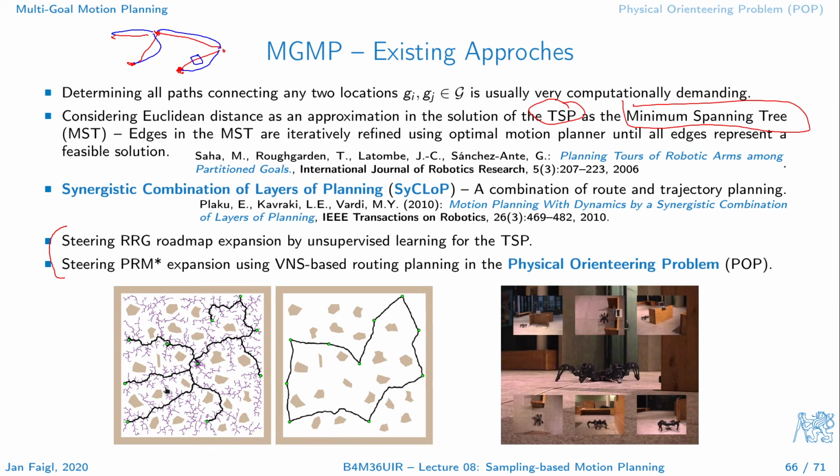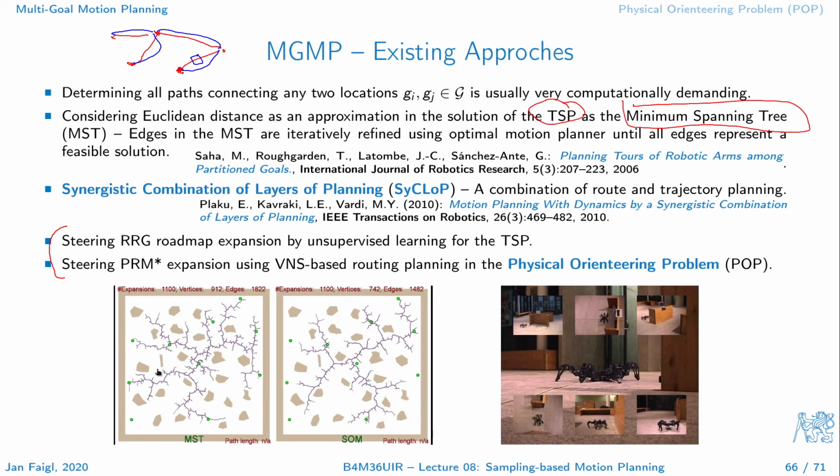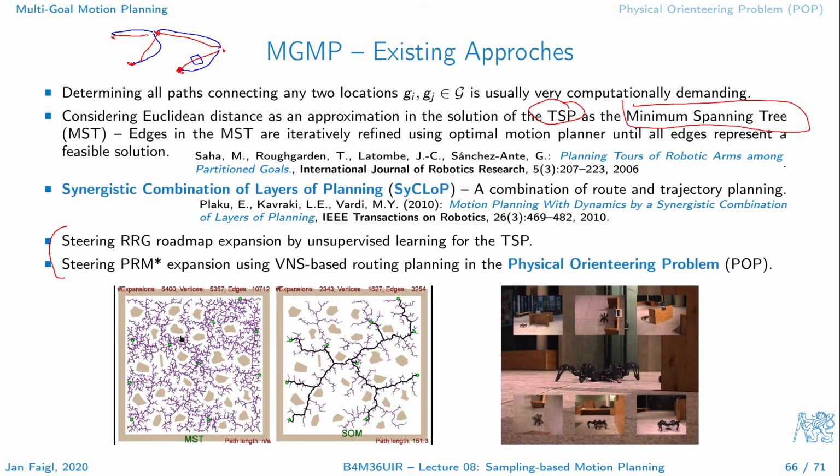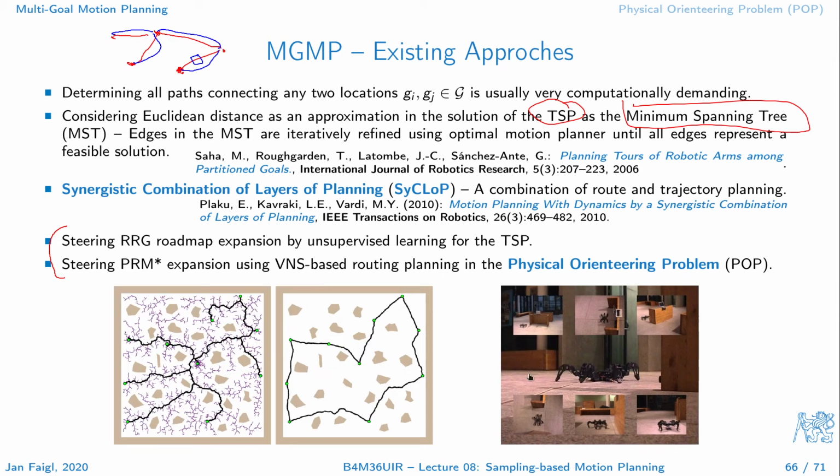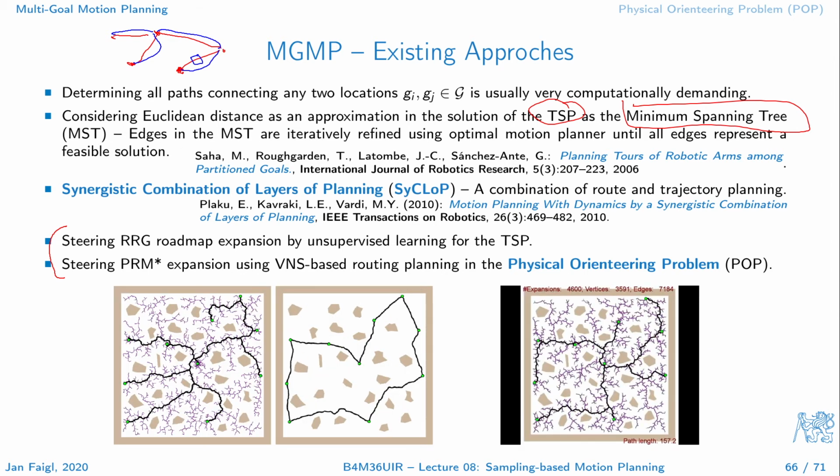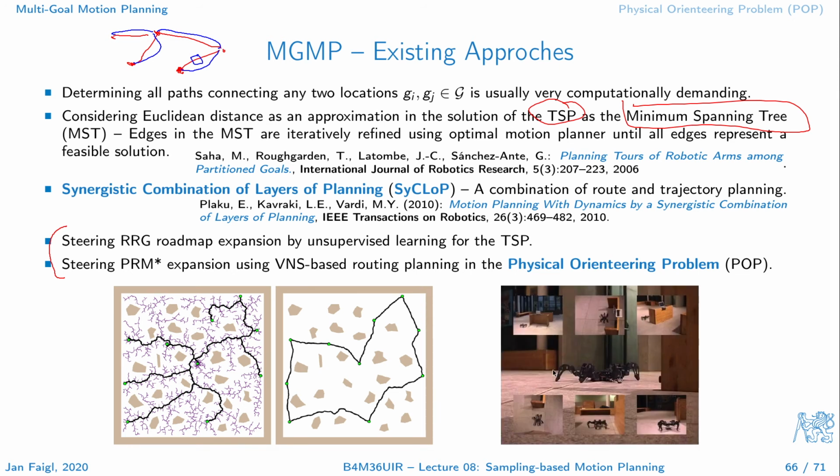On top of some roadmap, using Euclidean distance for the connections that are not known, we apply a solution of the TSP, and once we have this solution, we expand in that promising direction. So it actually finds the MST similar to that, but on a different principle, and it can also be deployed on this crawling robot, but that's just a demonstrator that such a path can be found.